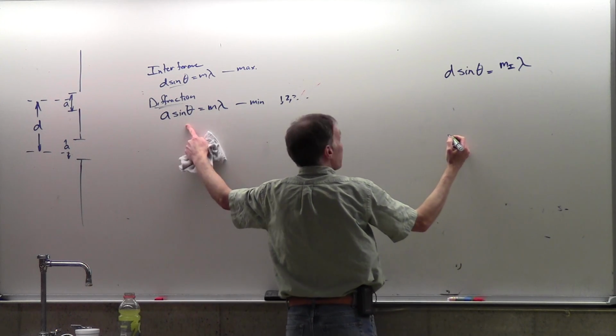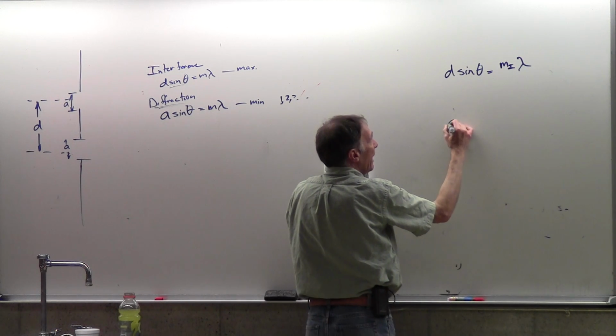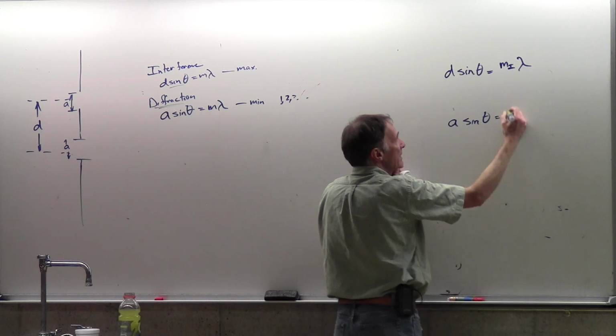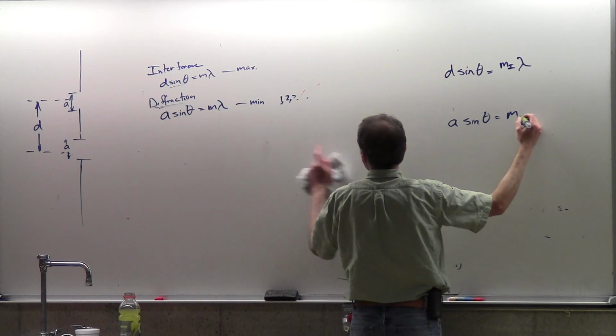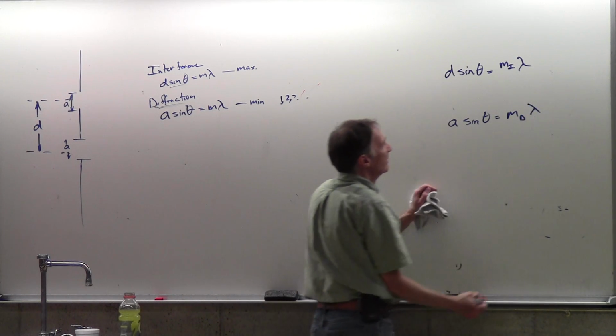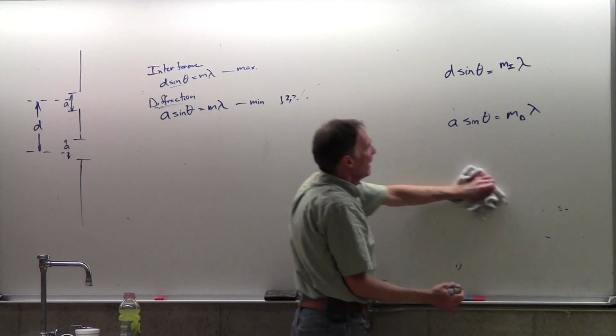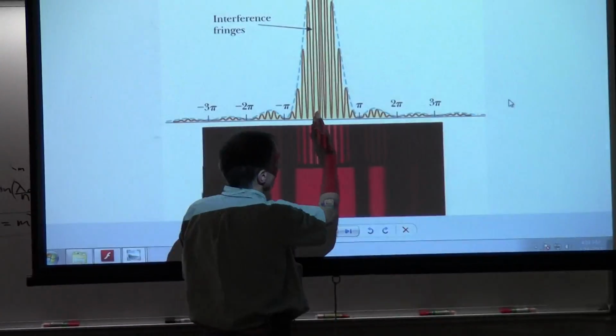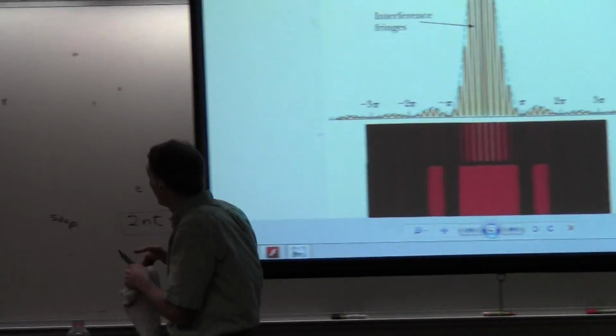And for diffraction, a sine theta is equal to m of the diffraction, I'll call it m sub d, times the wavelength. And the point on the screen is at the same y value or same theta value.